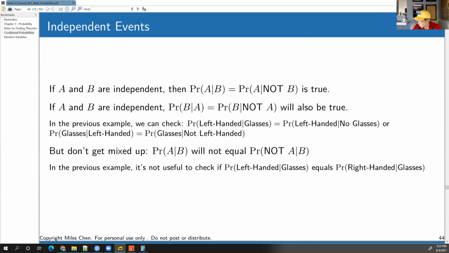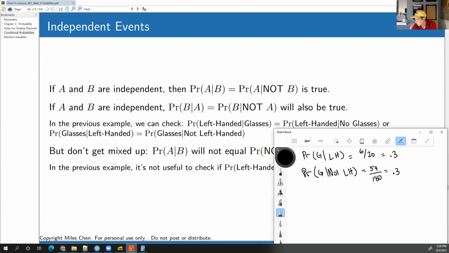But what you don't want to do is probability of A given B equal to the probability of not A given B or something like that. So do not do this: probability of left-handed given glasses versus probability of glasses given left-handed. These things are not going to be equal.